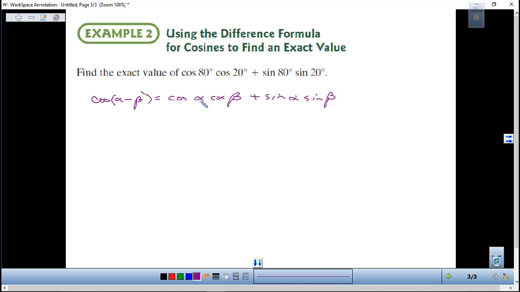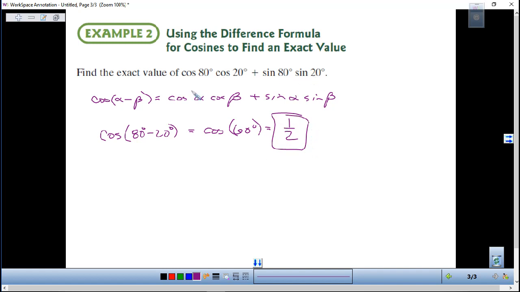So here we've got alpha is 80 and beta is 20. So all we're doing is we're working backwards, and we're finding that we're doing cosine of 80 minus 20, which is a cosine of 60, and that cosine of 60 is going to be 1/2.